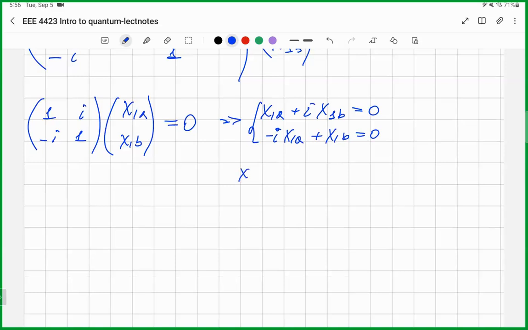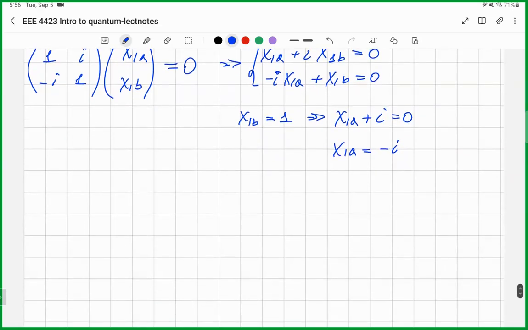And assume that x1b is equal to 1, as usual. That means that x1a plus i equals 0 and x1a is equal to minus i. Okay, so the x1 vector is equal to minus i, and the second component is 1.